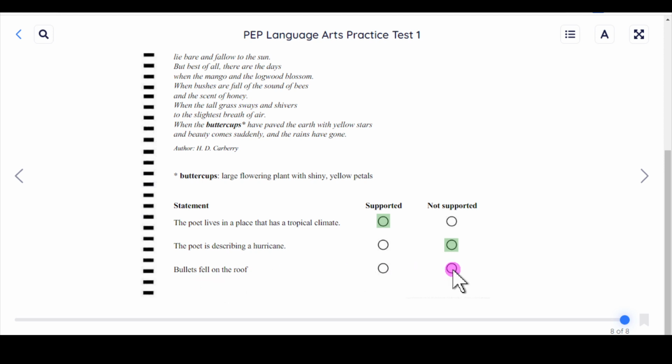See, left off 1. We needed to have selected this one as well. So apparently, even though we were checking, apparently this one was not selected here. And we know that bullets fell on the roof was not selected.